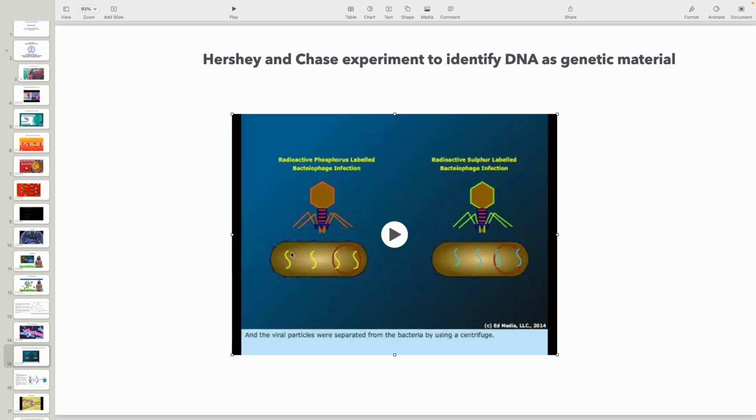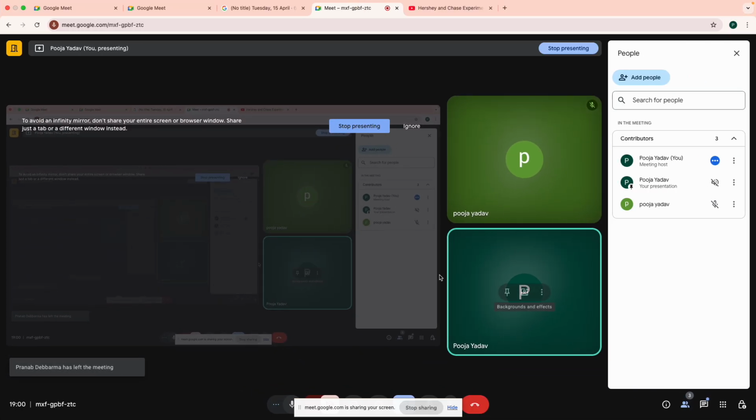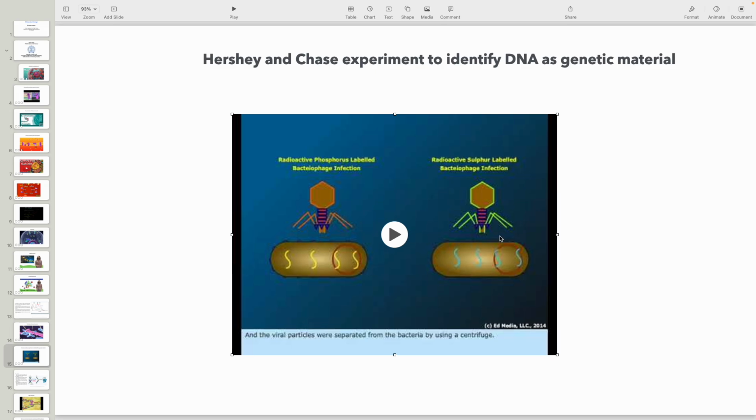They found that the radioactivity was in the new DNA in the case where the DNA was radiolabeled with the phosphate group, but not in the case where the phage was radiolabeled with sulfur. So that's how they confirmed that it was the DNA that got transferred from the virus to the bacteria.